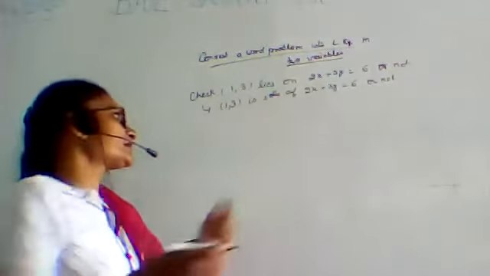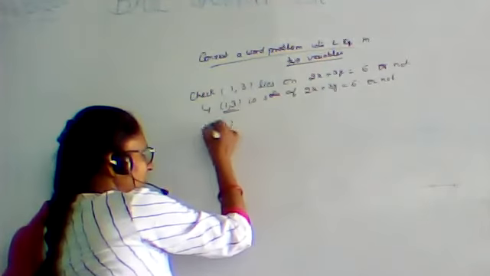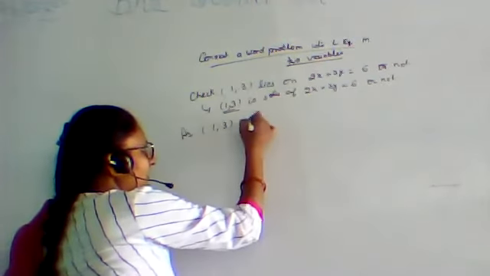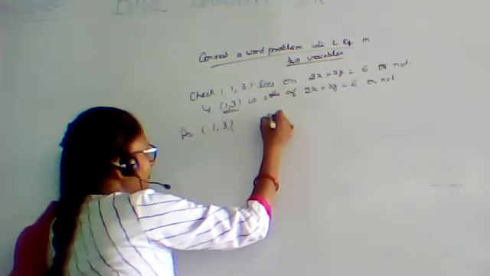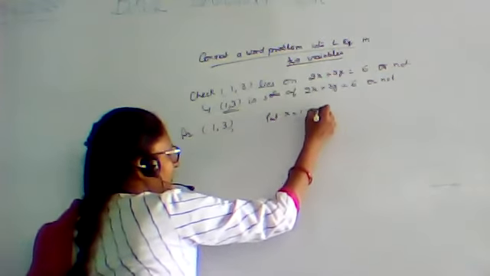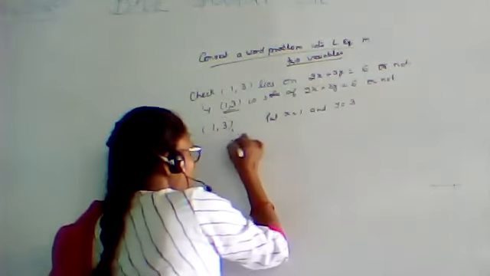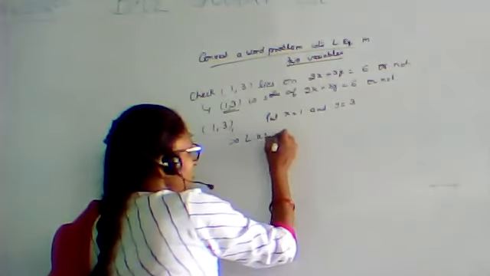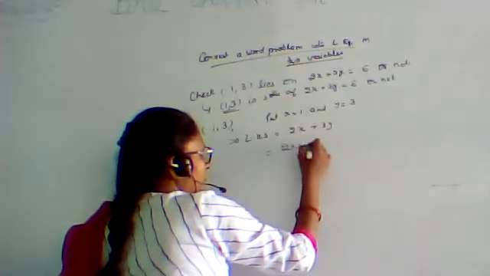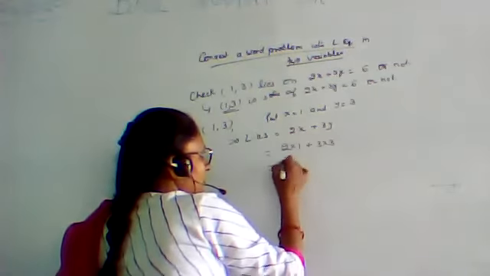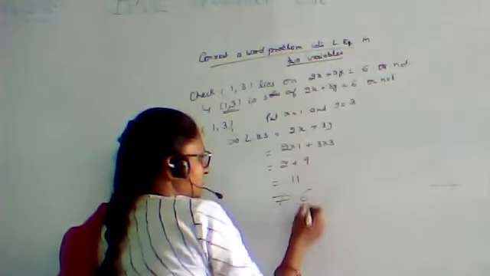अगर हमें solution check करना है तो यहाँ पर 1, 3 given है, put x is equal to 1 and y is equal to 3. So LHS is equal to 2x plus 3y is equal to 2 into 1 plus 3 into 3. 2 plus 9 is equal to 11, which is not equal to 6.